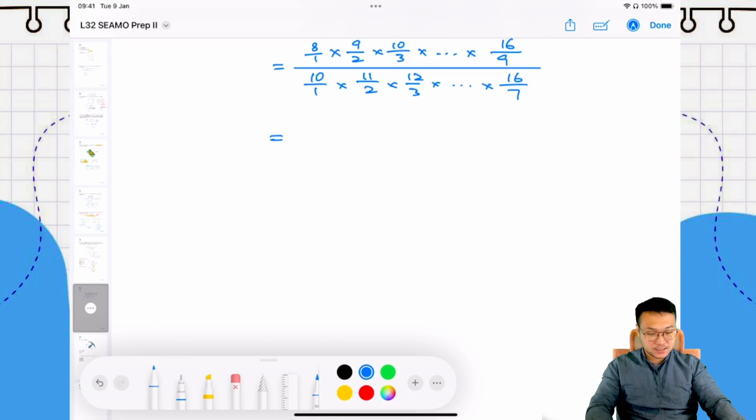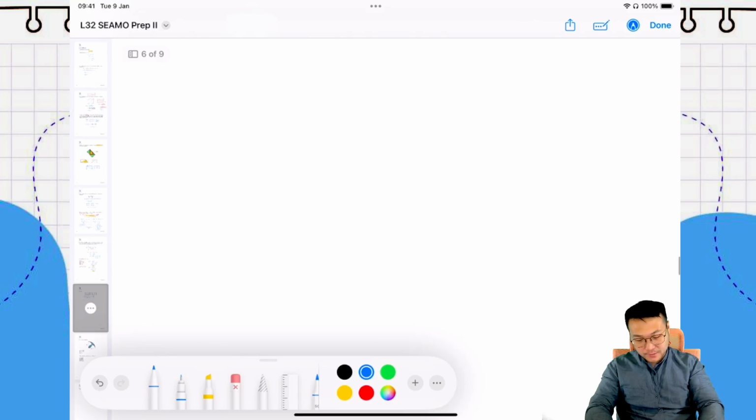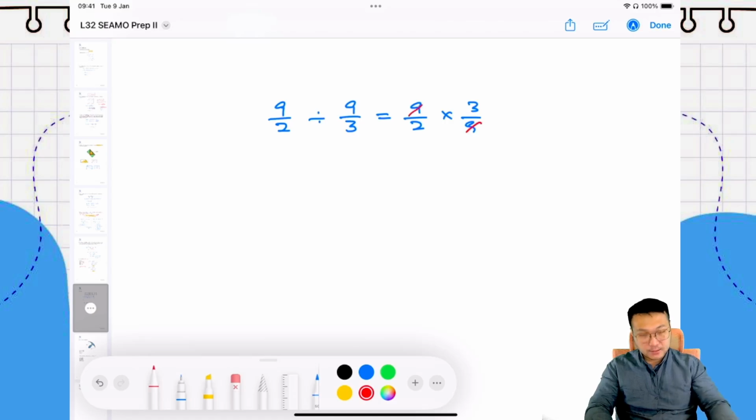Can I ask Jacobs? Hi, Jacobs. Can you tell me what is 9 over 2 divided by 9 over 3? Whenever you see a divide in a fraction, what must you do? KFC. Yes, you keep, you flip, and you change, and you can cancel out the 9, right? Now the main thing I wanted to show everybody is that you can cancel out the 9.